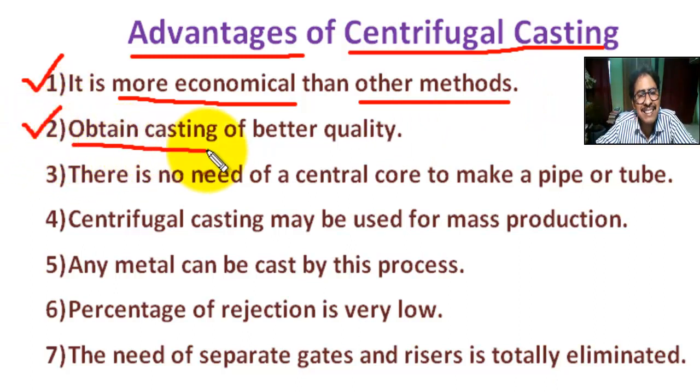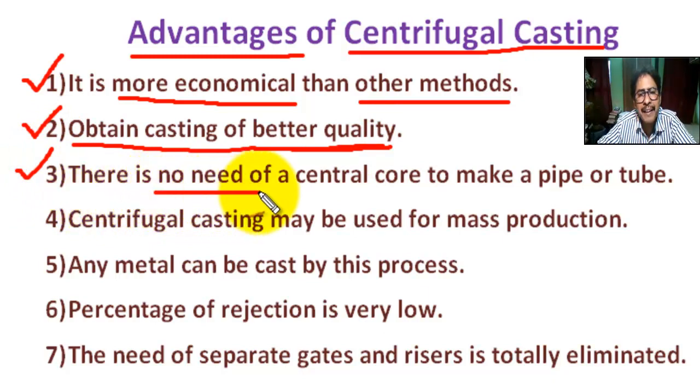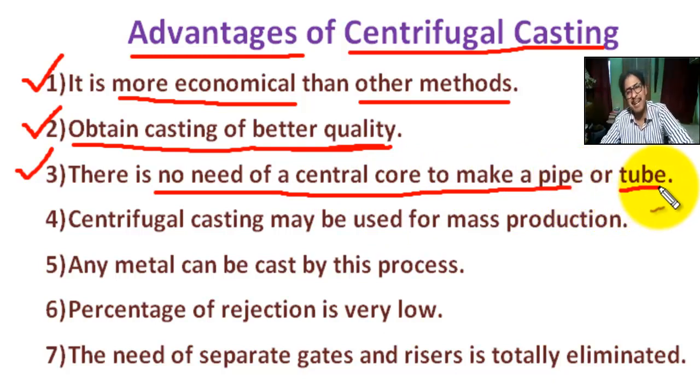Number 2, we obtain castings of better quality. Number 3, there is no need of a central core to make a pipe or tube.